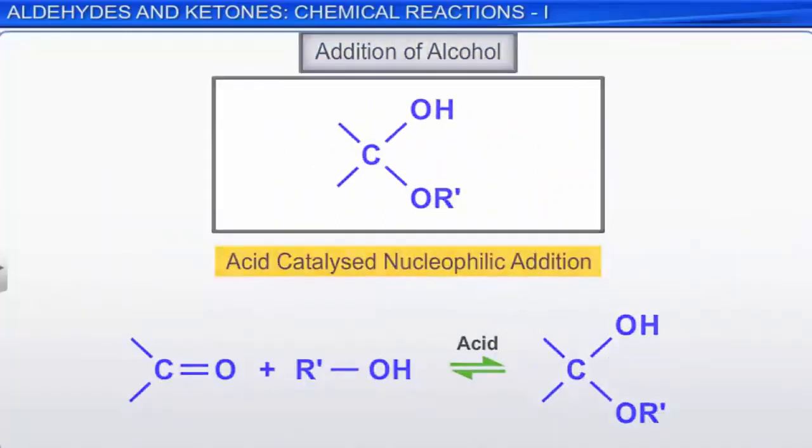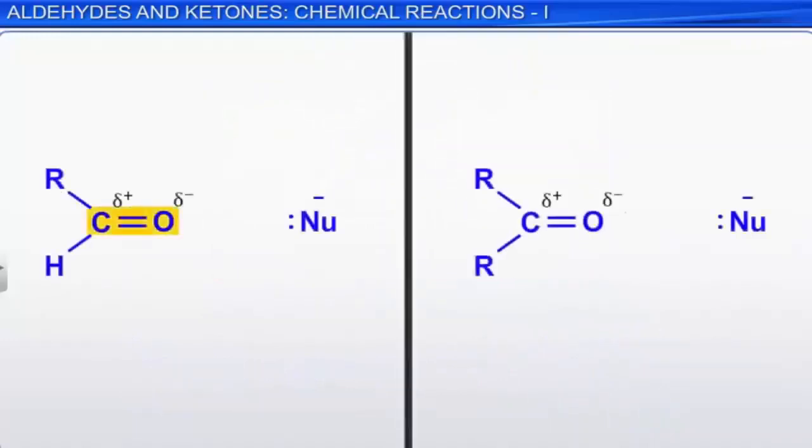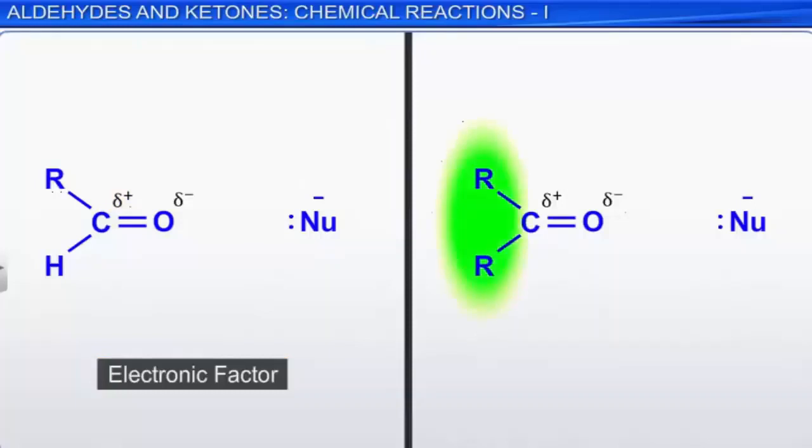The reactivity of the carbonyl group towards nucleophilic addition depends mainly upon the magnitude of the positive charge on the carbonyl carbon, that is, the electronic factor, and the extent of crowding around the carbonyl carbon atom in the transition state, that is, the steric factor.